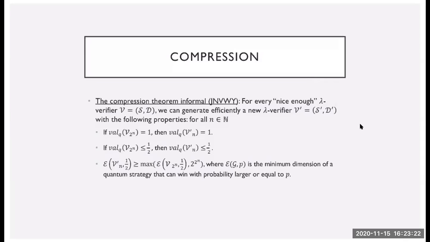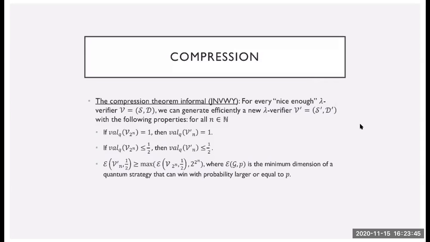So this is not supposed to be a claim about how good a compressor can be. It doesn't say that this is the optimal way of compressing Vn. You are correct that there is no optimality of this V prime.